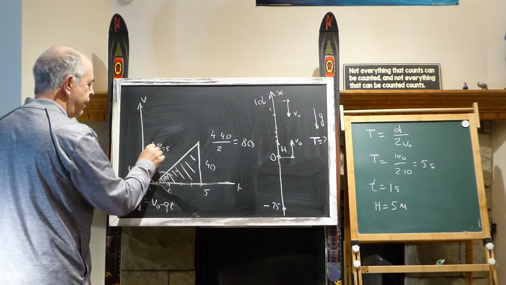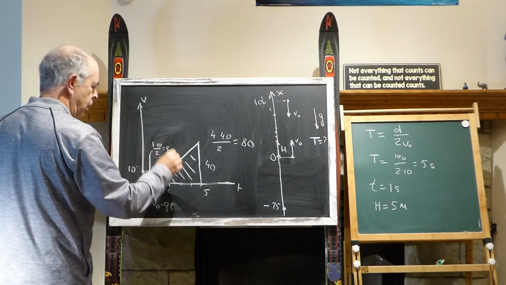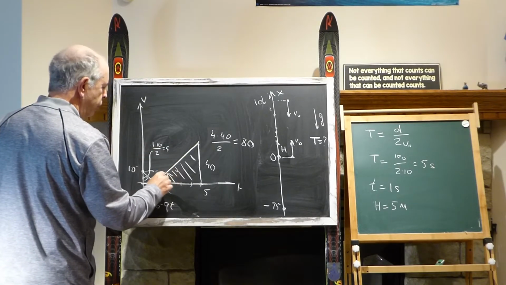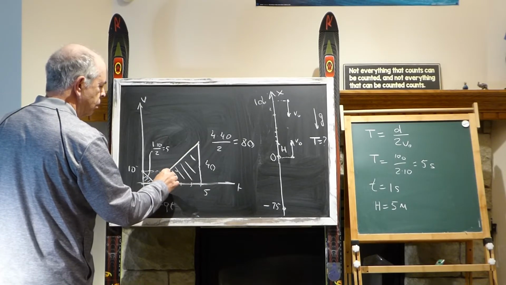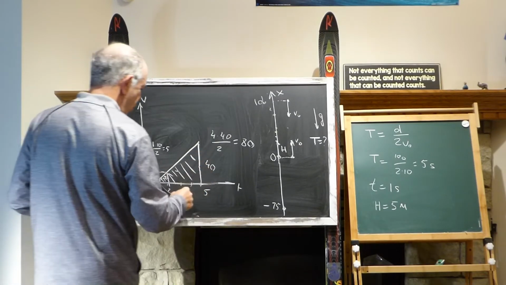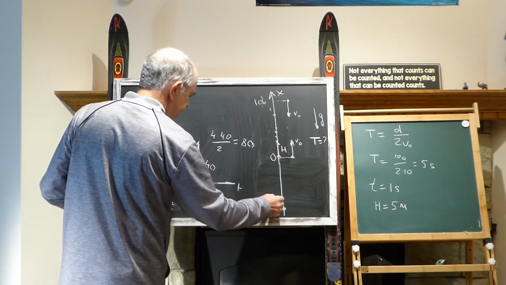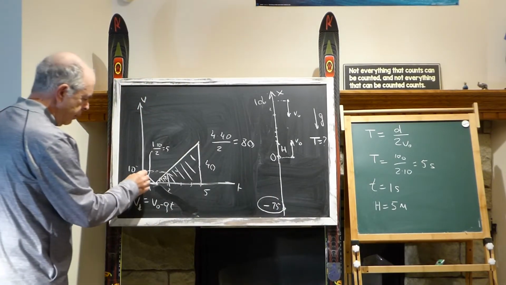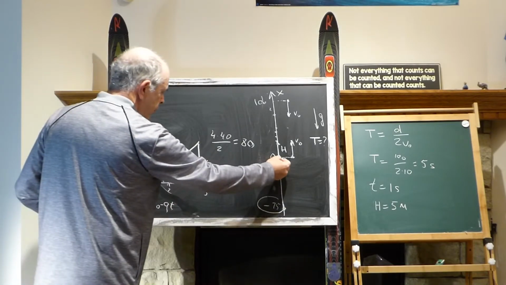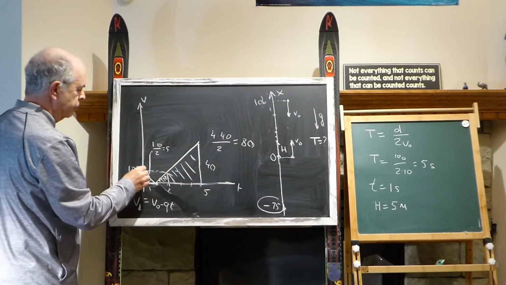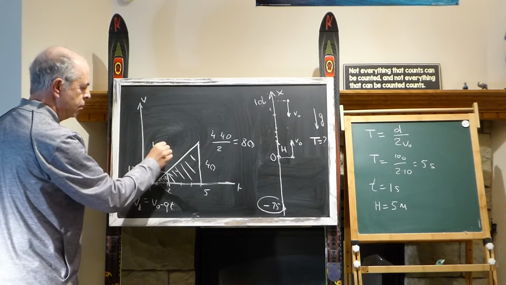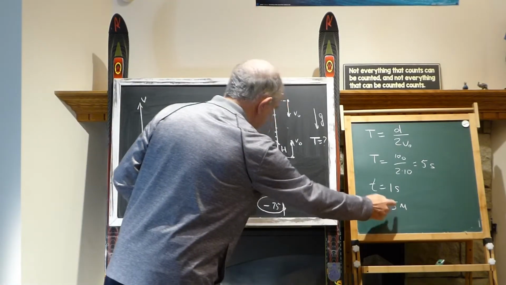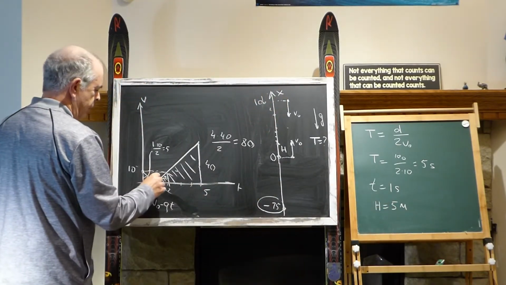So we fly 5 up, then we fall 5 down, so we end up at minus 75. Again, we go up 5 meters, and this is exactly what is here, so it's good.